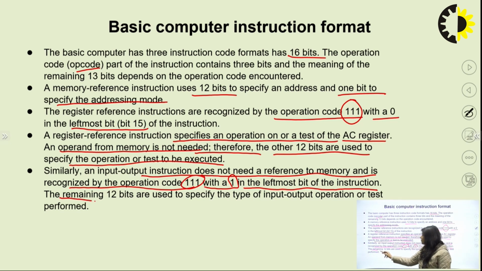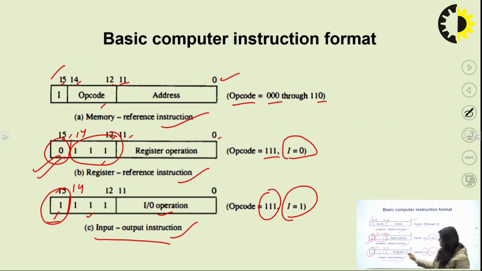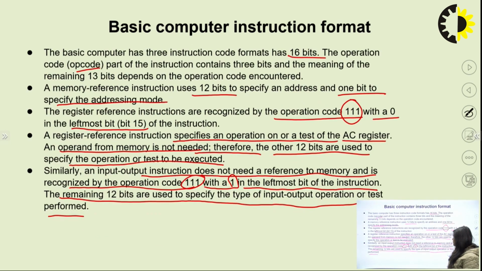The remaining 12 bits are used to specify the type of input output operation or test performed. These are the 12 remaining bits. So here we have understood the basic computer instruction formats in depth.